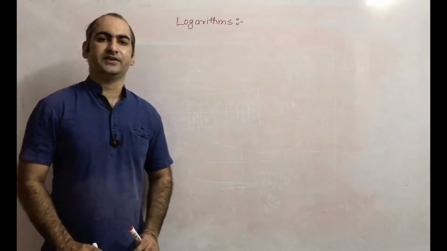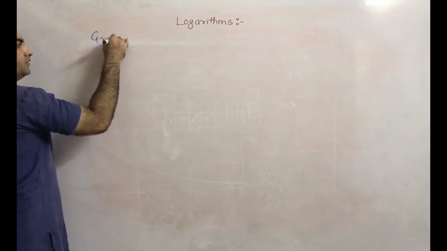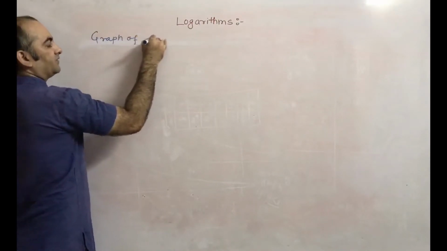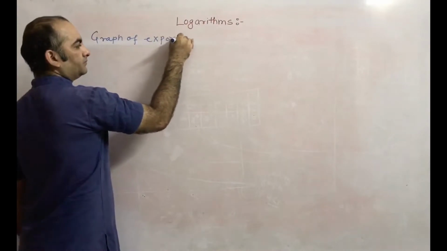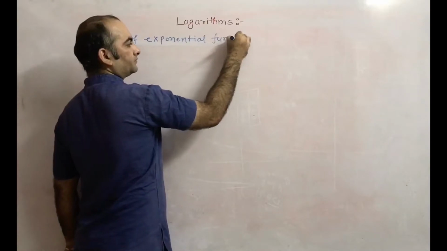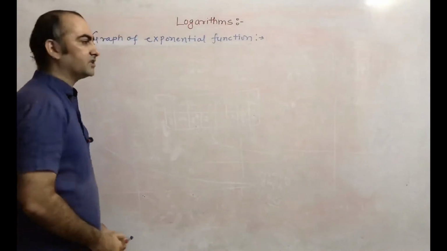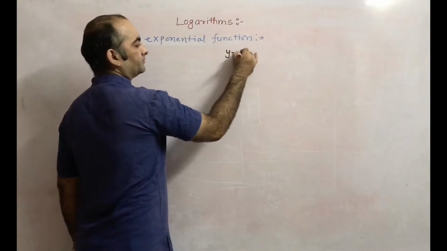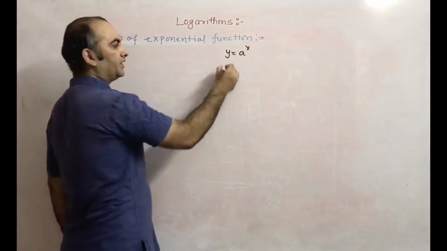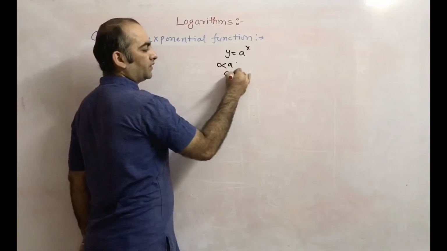Next we are discussing the graph of exponential function. We know y equal to a power x is an exponential function, where a should be greater than 0 and not equal to 1.